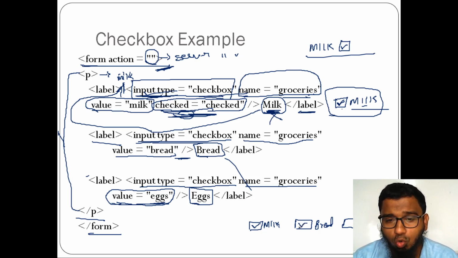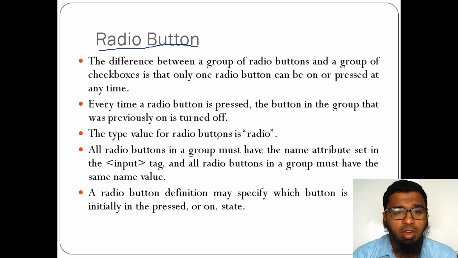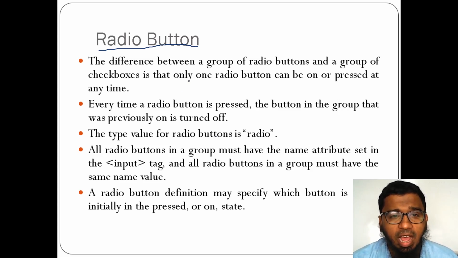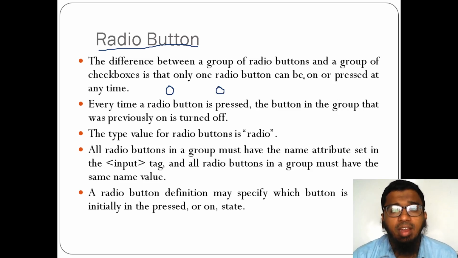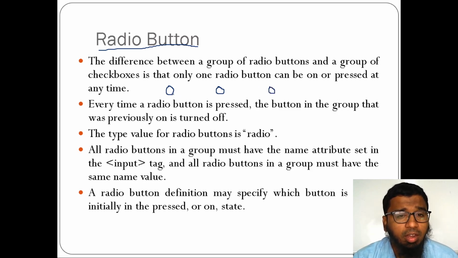So here I can check two checkboxes at the same time, okay. But here, radio button is represented as a circle, okay. Radio button is represented as a circle, and any one of the radio buttons is selected, only one, any one.